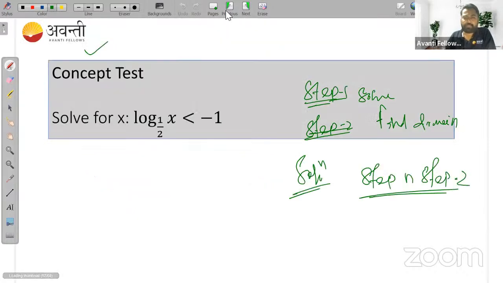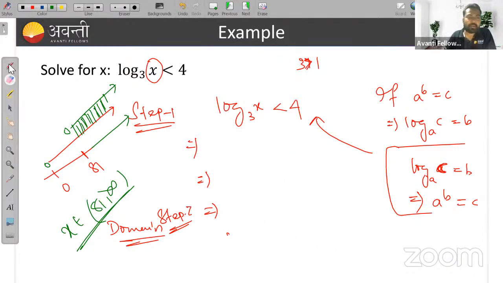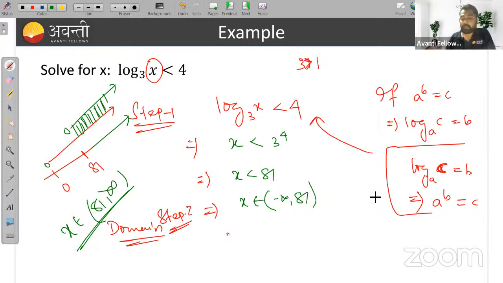Oh, we did some silly mistake here also. In this example we made a mistake, right? The inequality will not be like this, it was wrong. It will be x is less than 3 raised to 4, that is x is less than 81, and x belongs to minus infinity to 81. I'm sorry. And here we are getting my domain as x belongs to 0 to infinity.